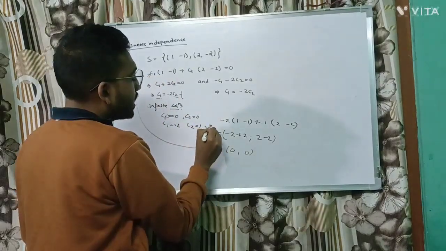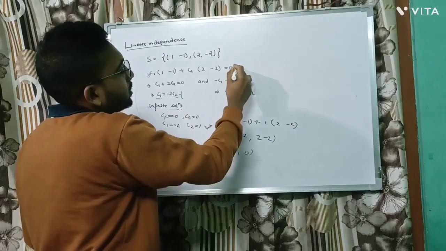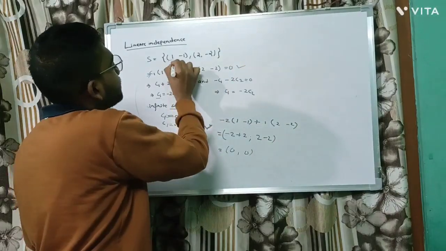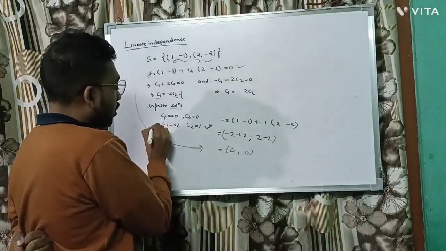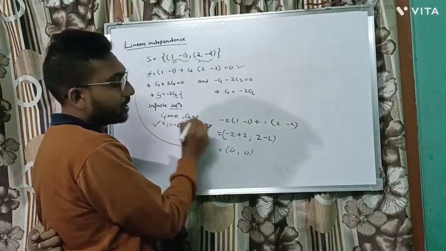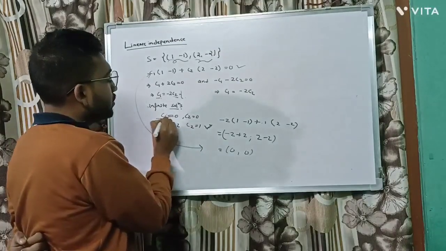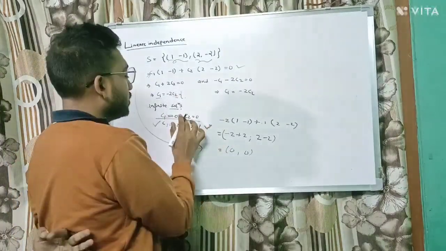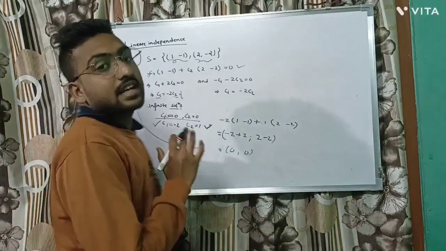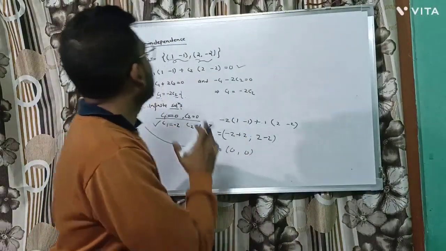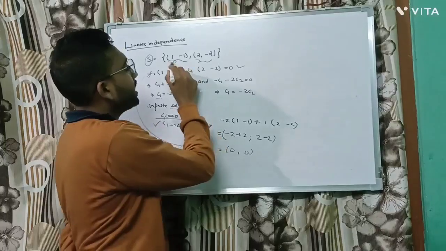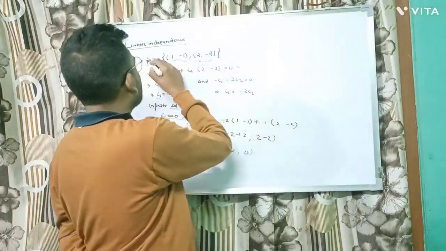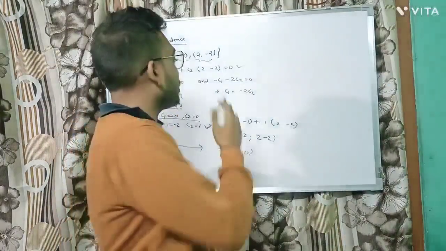So they also form a non-trivial solution to this equation. So these two vectors are not linearly independent, as they also have non-trivial solutions for C1 and C2 other than the trivial solution, that is C1 equals 0 and C2 equals 0. So this is how we check if the set S is linearly independent or not. If the vectors are linearly independent, then this set is linearly independent, and if they are not, then it is linearly dependent.